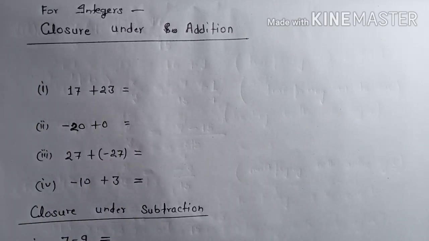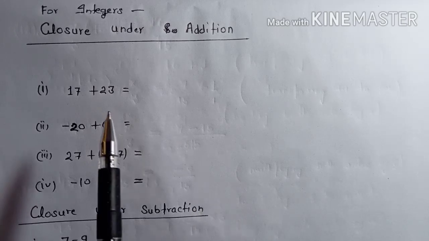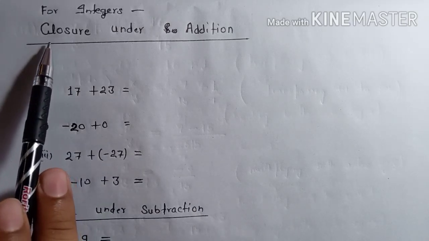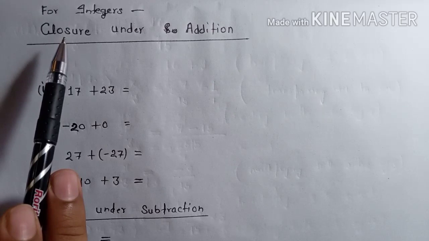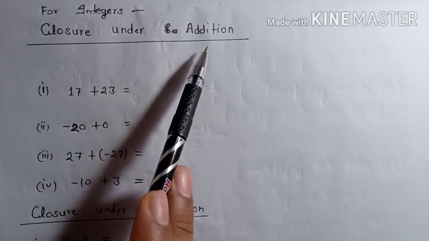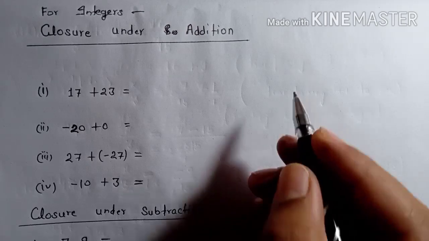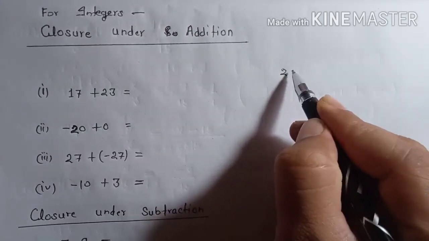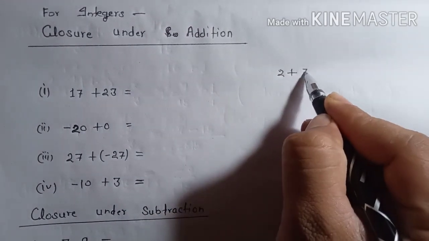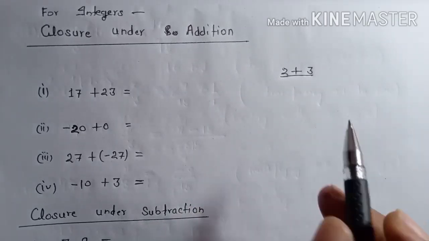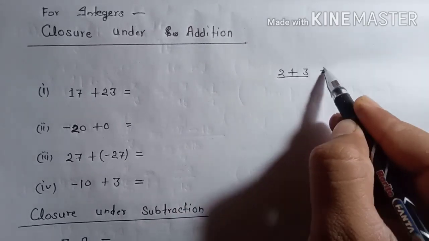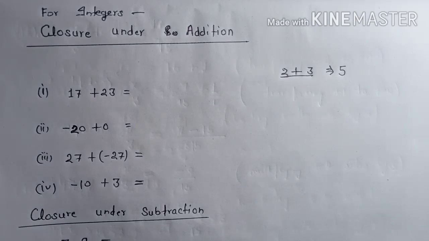of integers. You can see on your screen that it is written closure property, closure under addition. And you already know that when we add any two whole numbers, say 2 and 3, the result is again a whole number.